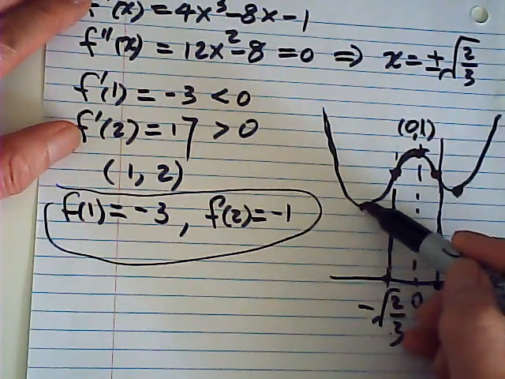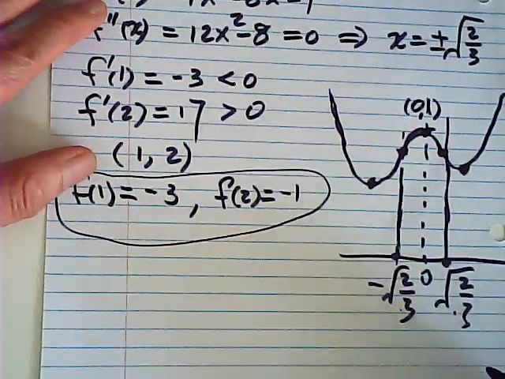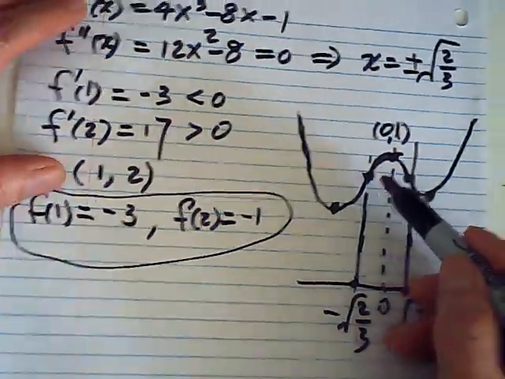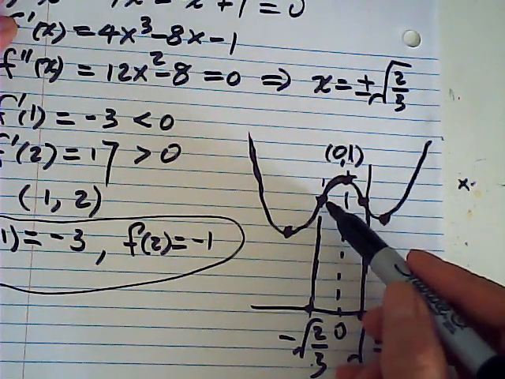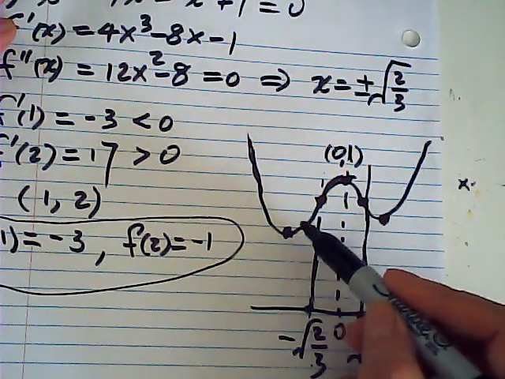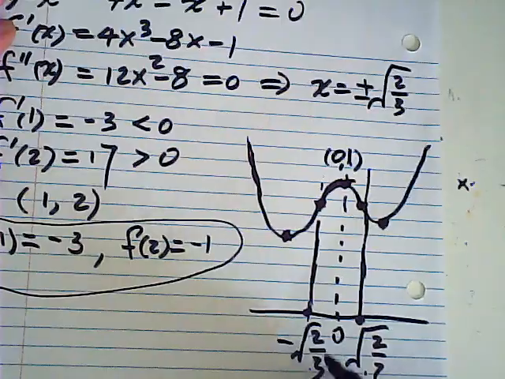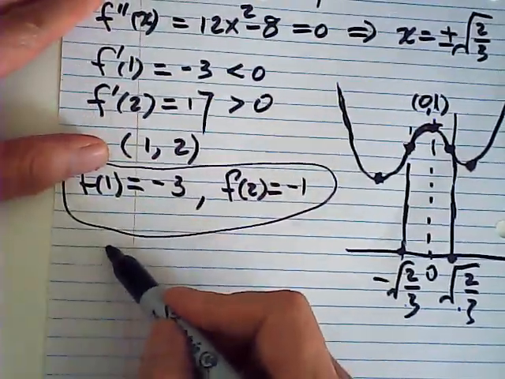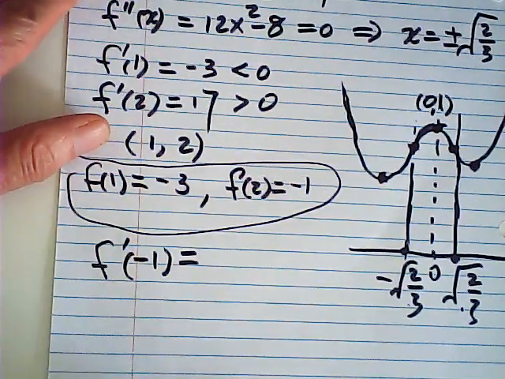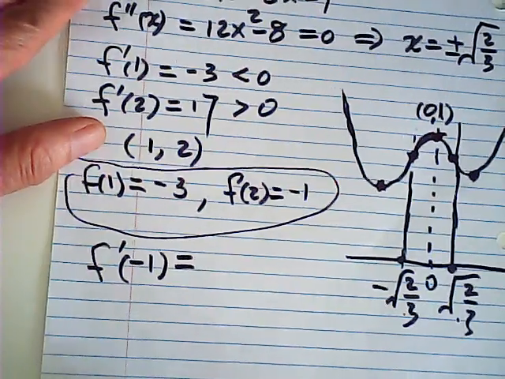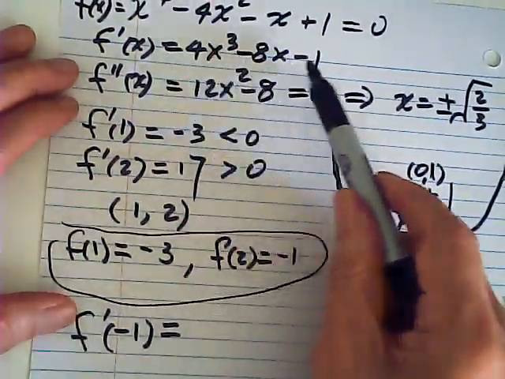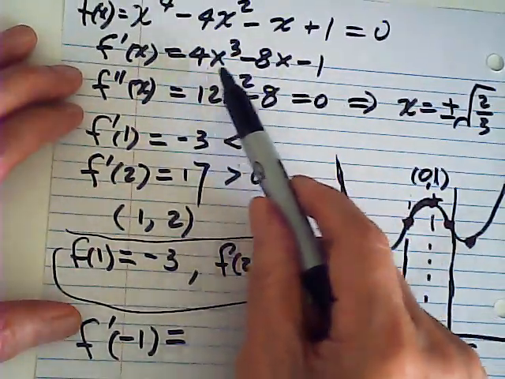Now, for this point, we know that this is a point of inflection. Therefore, the minimum point must be less than this. Right? Let's check f prime of -1.